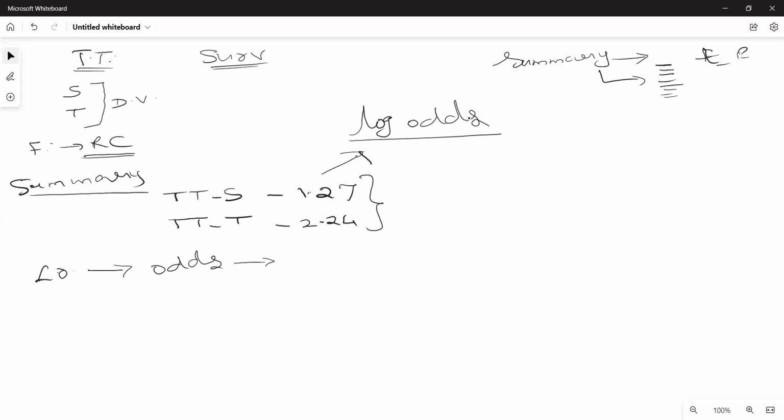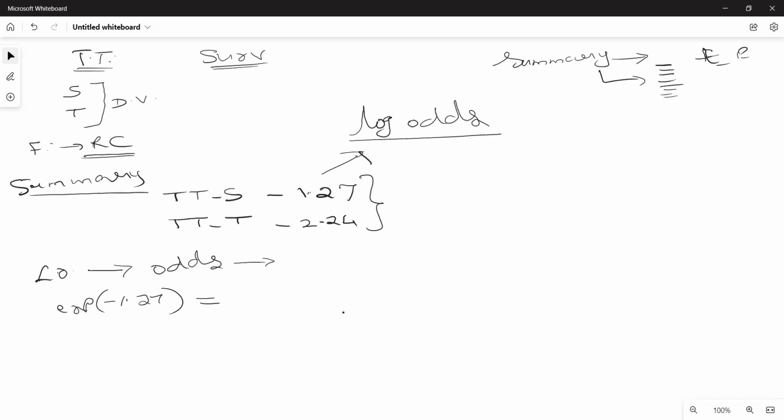So what is the odds of this number minus 1.27? How do you convert log odds to odds? We take the exponent. So the exponent of minus 1.27 will give me the value for the odds. Let me just calculate and see.